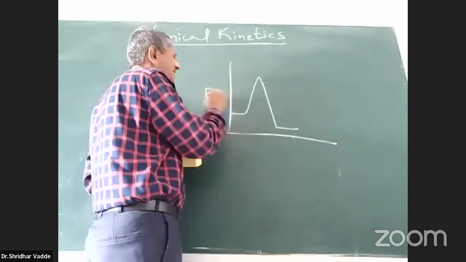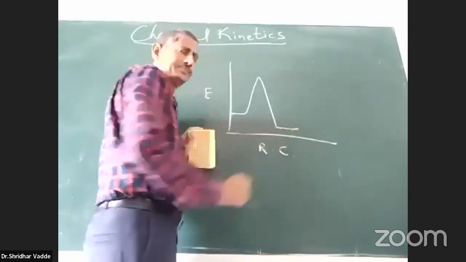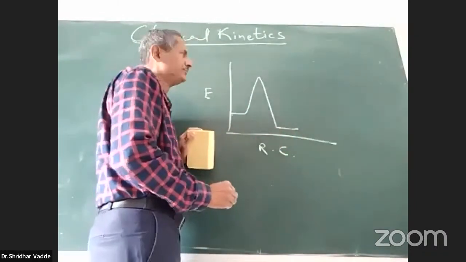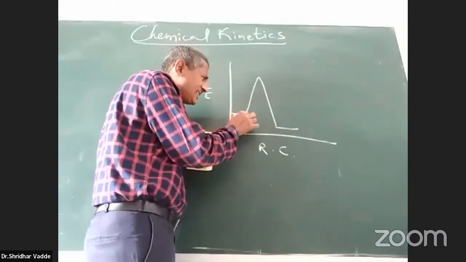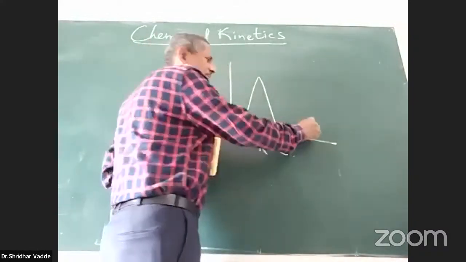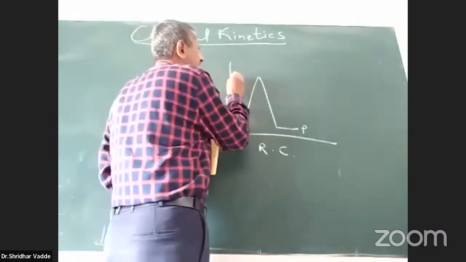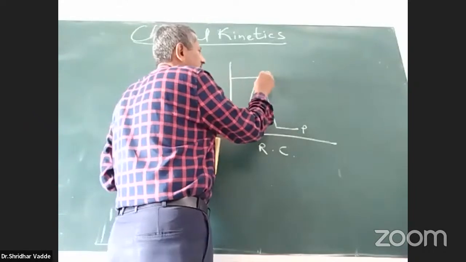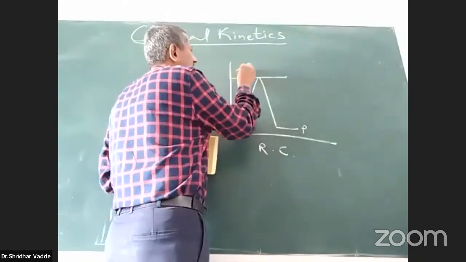This is the energy. This is reaction coordinates. Here, this is the average energy possessed by the reactant molecules. This is the average energy possessed by the products. And this is the threshold energy.